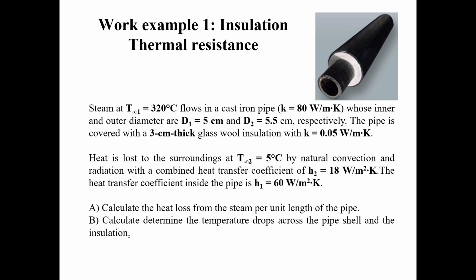Okay, so we need to calculate Q per unit L. Or another way of looking at it is that we can assume that the length of the pipe is 1 meter, and then we just need to calculate Q. In part 2, we need to calculate what are the temperature differences, for example, between the inner fluid and the outer side of the pipe, and between the outer side of the pipe and the outer side of the insulation. Okay, so let's look at part 1.